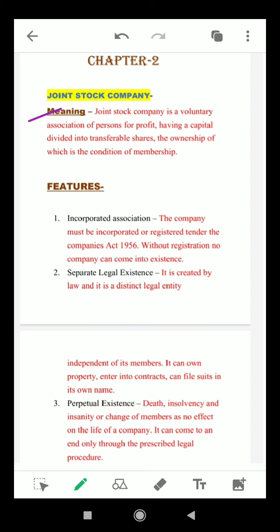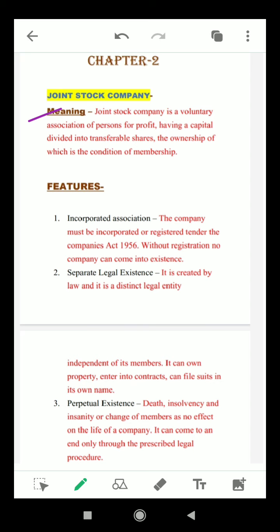That means a joint stock company is an association of persons joining together for carrying on business, and they have a separate legal entity, and the persons joining the business contribute to the stock of the company, and they are called shareholders.